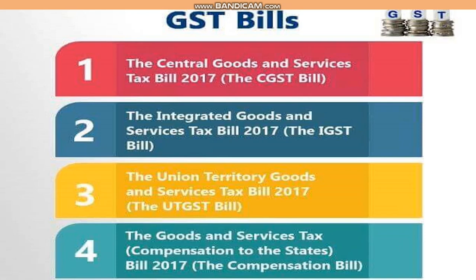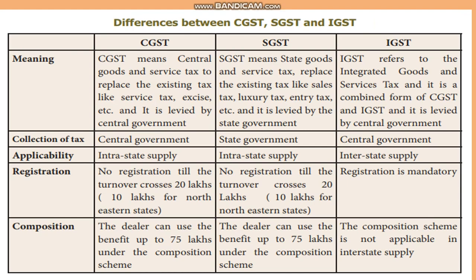The Goods and Services Tax Compensation to the State Bill 2017 was also passed and made an Act. It contains the provision for levy of GST on the supply of goods.